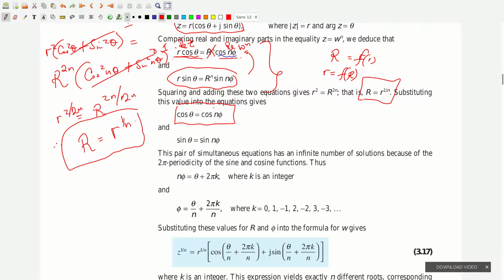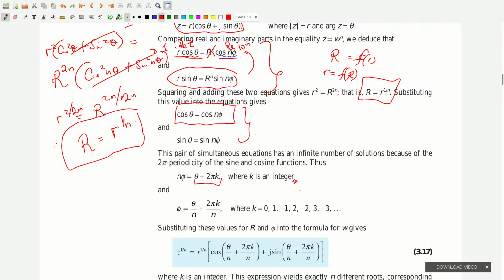So from that, we can now say that this pair of simultaneous equations, if we solve this for n phi, we shall find that it has infinitely many solutions, and the solution is given by n phi is equal to theta plus 2 pi k, where k is an integer.